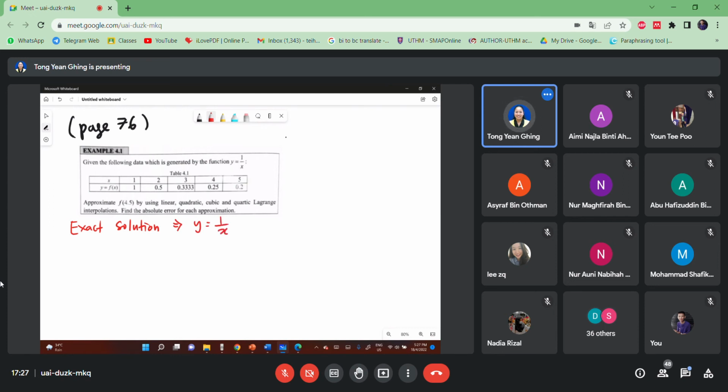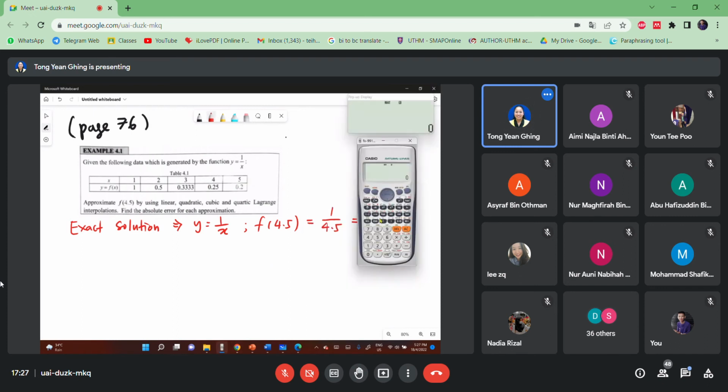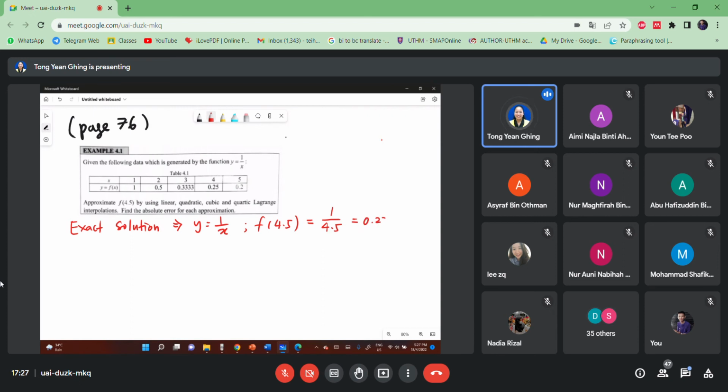Now we want to find f(4.5), so substitute in the value 4.5. What do we get? One over 4.5, which is 0.2222. This is the exact solution.